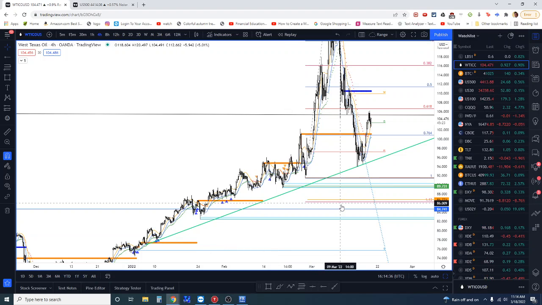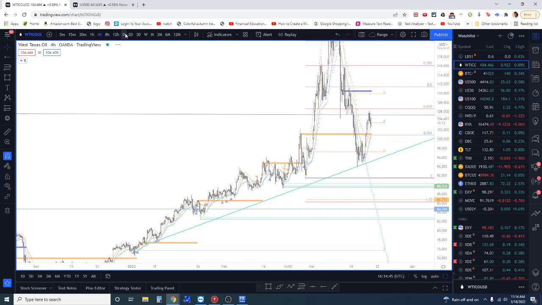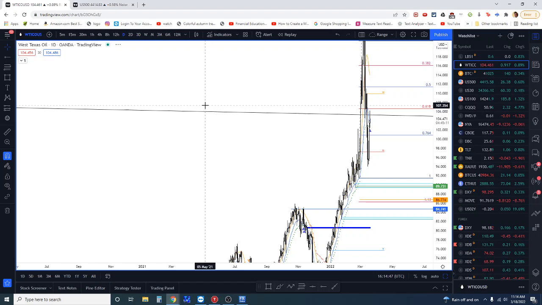This looks like it's a big support line. I don't remember which one it is. Oh, it's the top of the left shoulder there. Interesting. So the top wick.